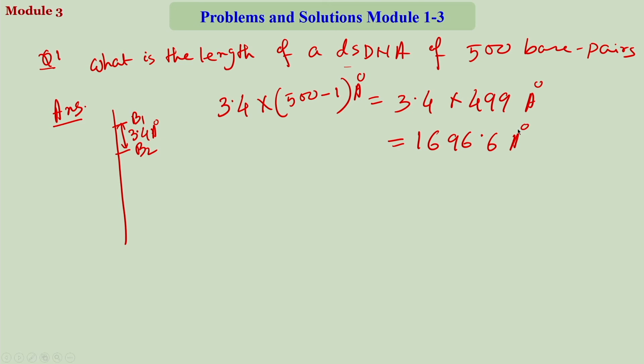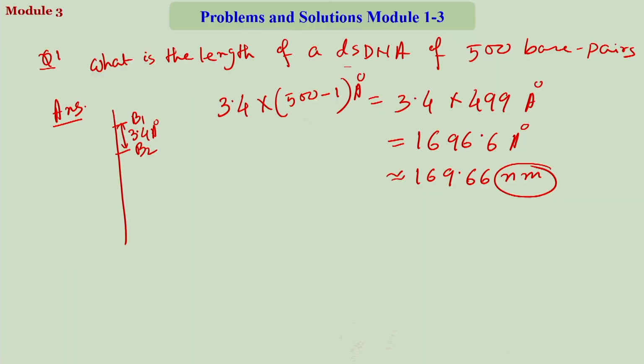That will be the length of the DNA, which is close to 169.66 nanometer if you want to convert it to a different unit. You can convert it to any other unit also, micrometer, like that. That is how you can calculate the length of a DNA.